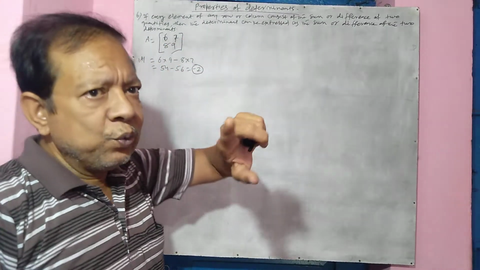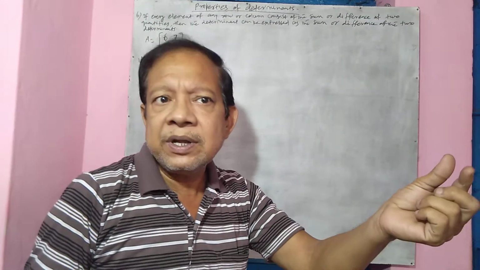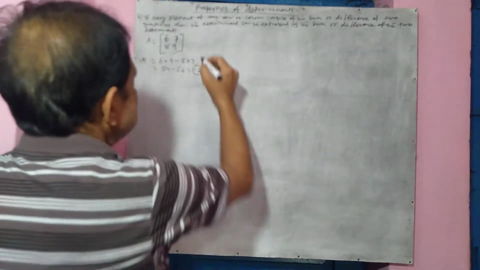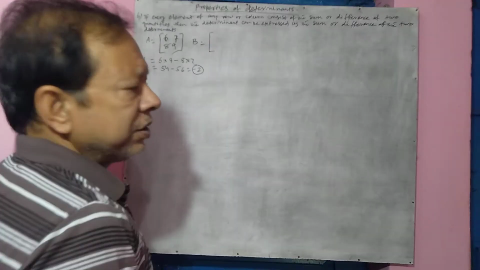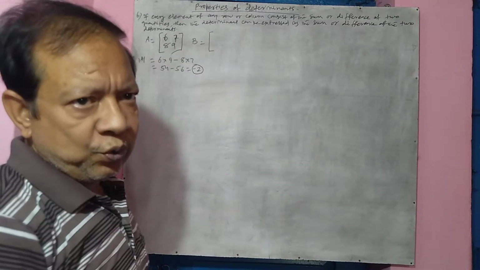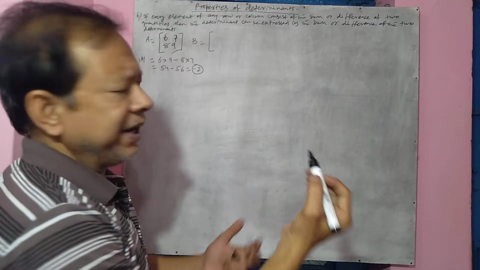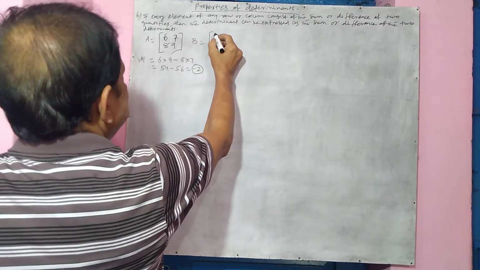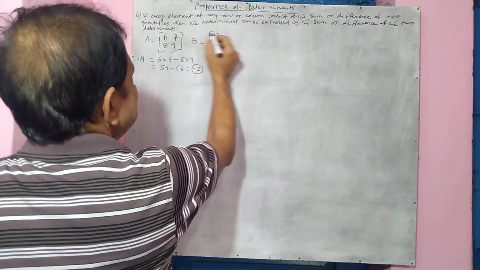Now let us take another matrix where we change a row or a column, and either add something to or subtract something from all the elements of that row. Let us take another matrix B where we change the first row. Let's add 3. So the first element is 6 plus 3, which is 9, and the second is 7 plus 3, which is 10.